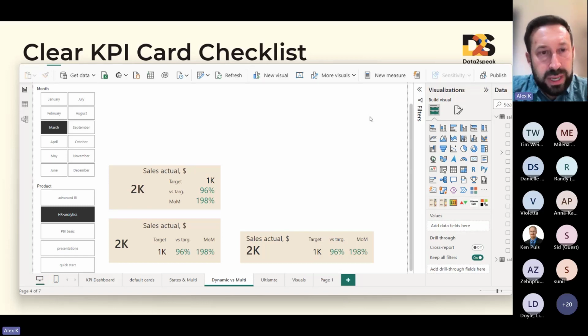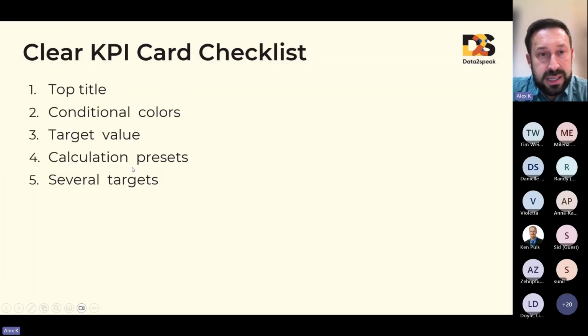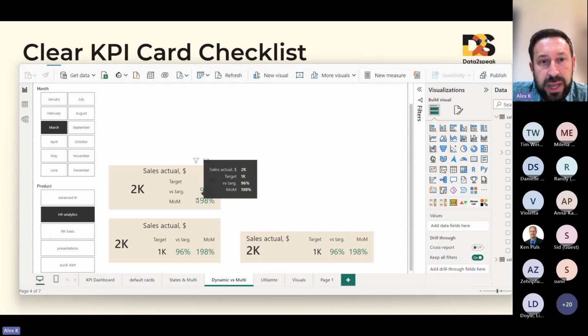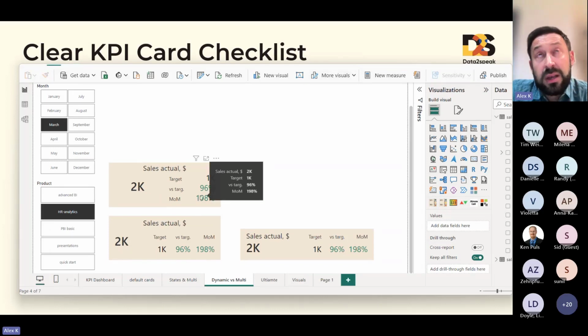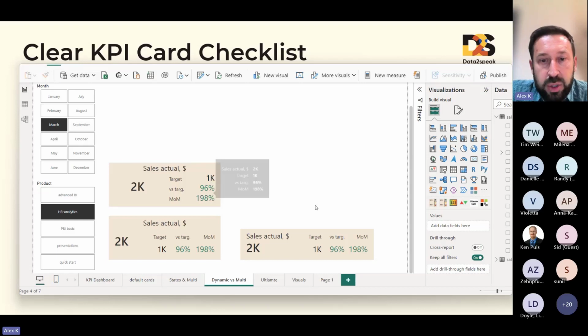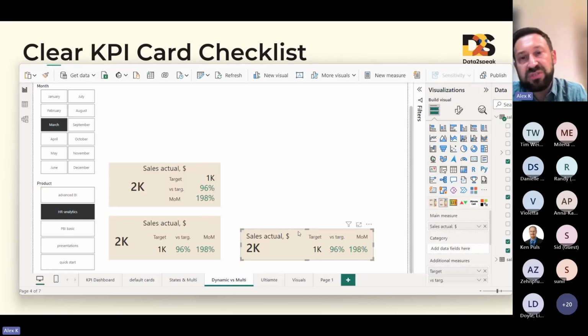Okay, so next point, several targets, and sometimes we need to display even 3 targets, as I displayed, but actually not more than 3. All the cards which we tested have a maximum of 3, and we didn't add 4 or 5, because it would make our element overloaded.